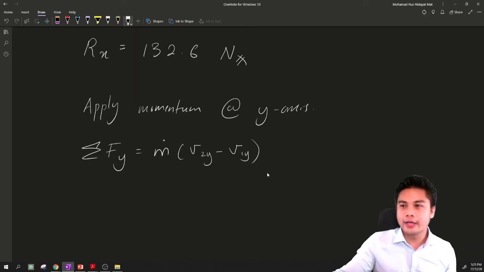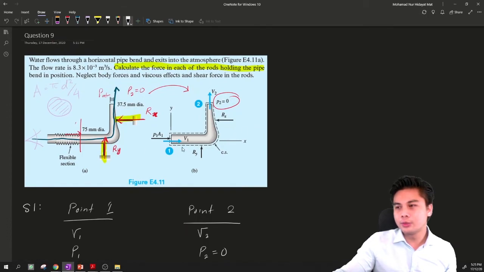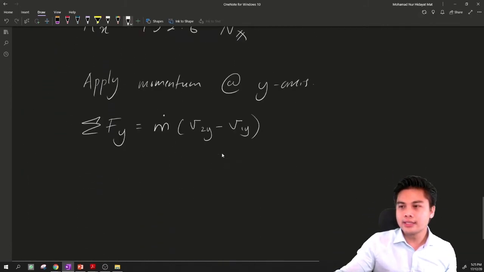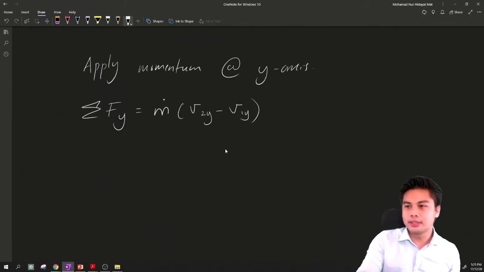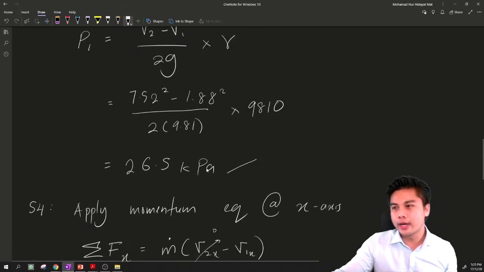So for Fy, look at here. Is there any force in the y component? Only Ry. That's it. Ry is pointing upward, so it is positive. Positive Ry equals mass flow rate multiplied with V2y minus V1y.